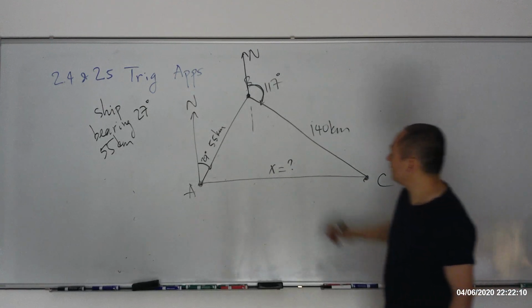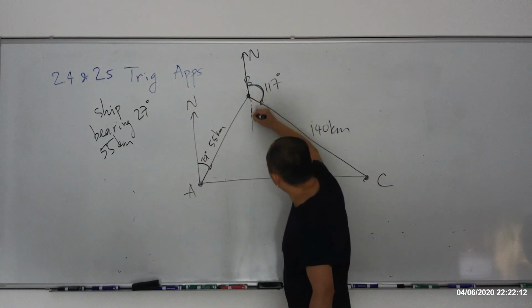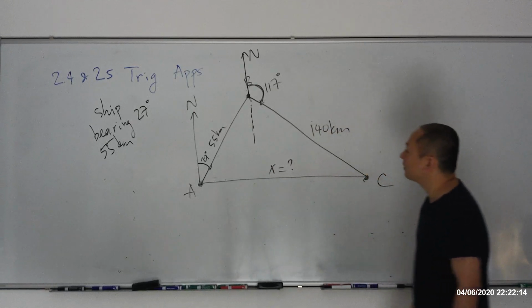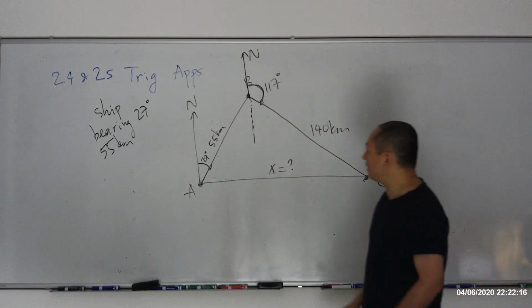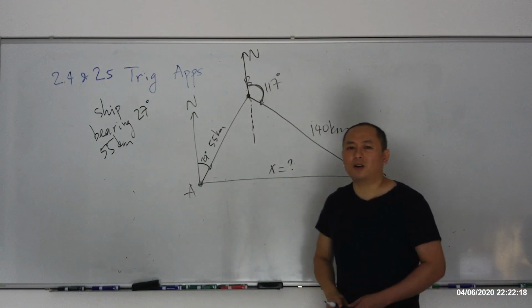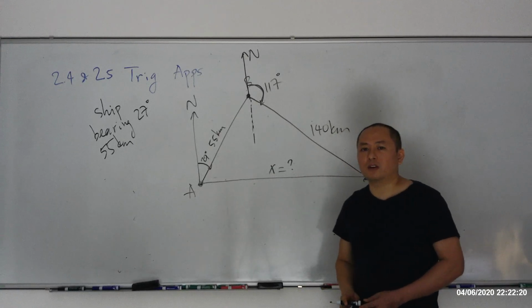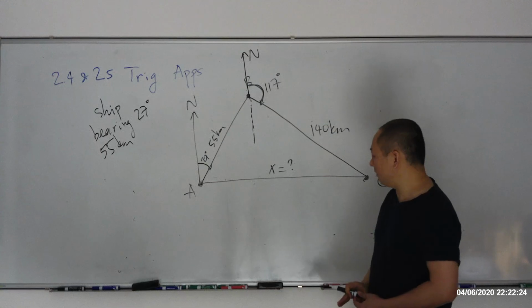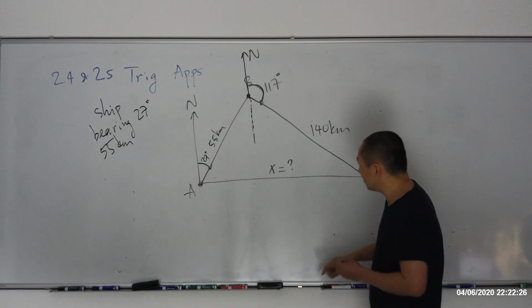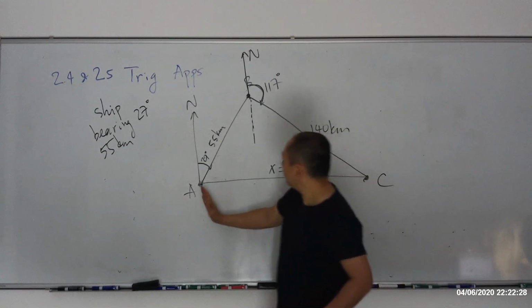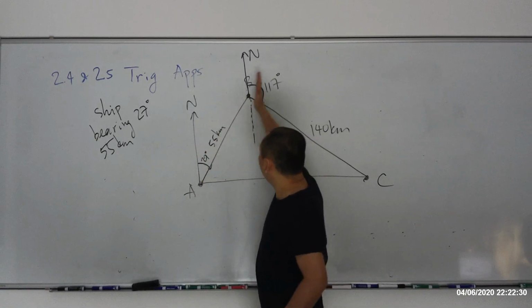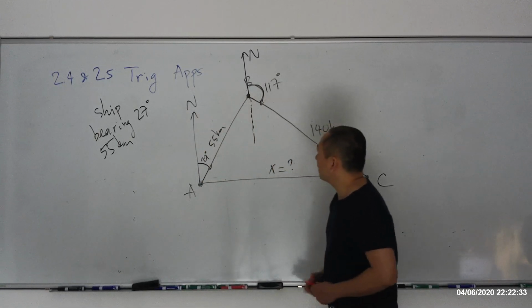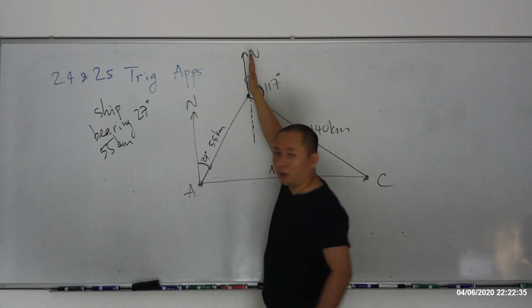Actually, this dotted line right here is a big hint. Recall what we learned before. We have something called alternate interior angles, alternate exterior angles, and that's going to be a big help here. Let me use red markers. You guys see that at point A and point B we have two compasses pointing north, so the two arrows right here are actually parallel to each other.